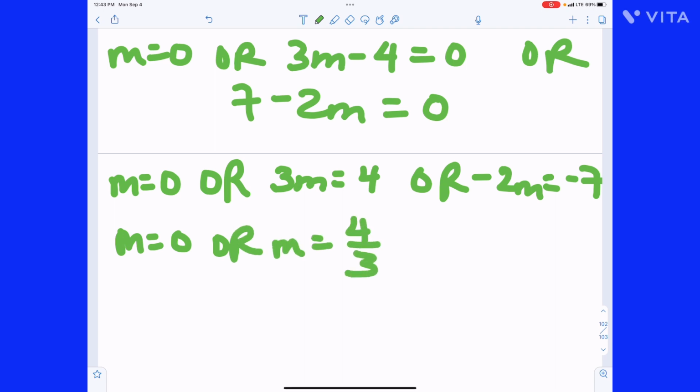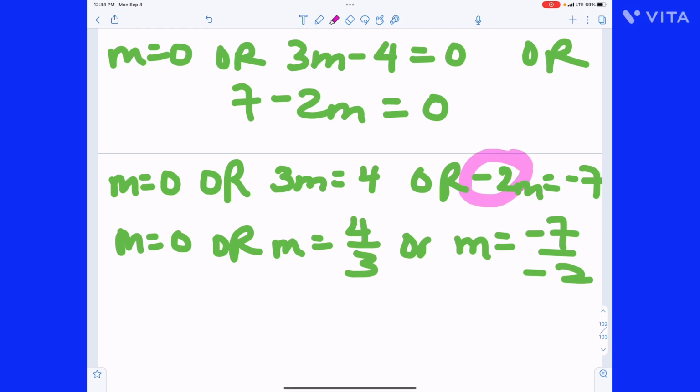I'm dividing both sides by 3. Or m is minus 7 over minus 2. Minus 2 is the coefficient behind m, so I'll just divide both sides by minus 2. This side by minus 2 will cancel minus 2, then this side too.